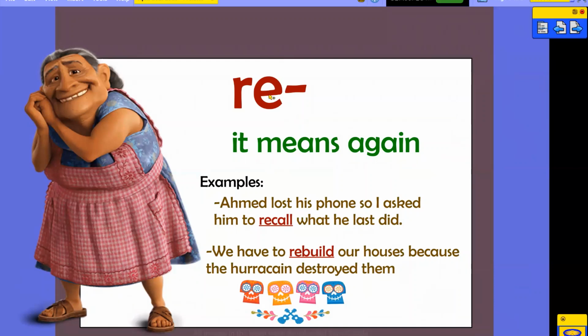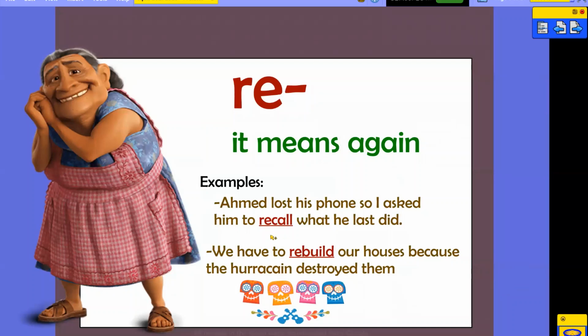Okay, the first prefix we're going to discuss is re. Re comes in the beginning as the other prefixes, and it means again. Let's see the example so we can understand better. The first example says, Ahmed lost his phone, so I asked him to recall what he last did.